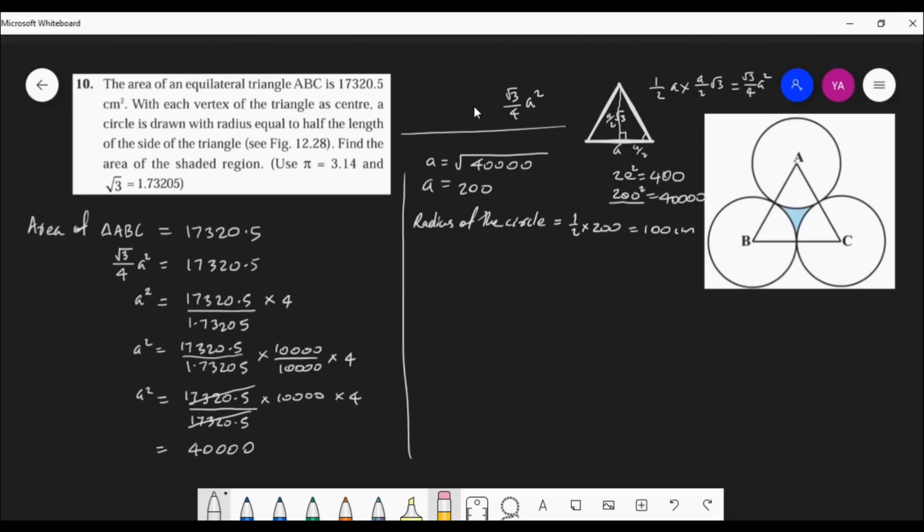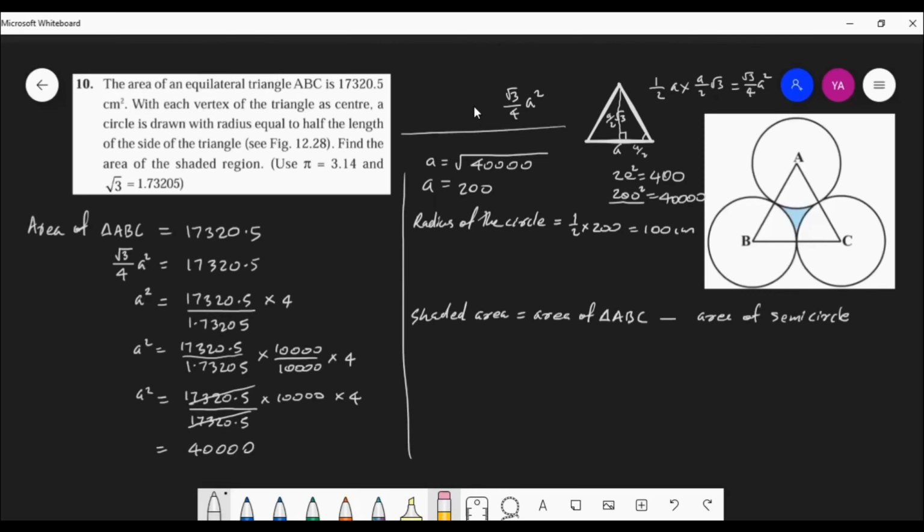We can write here, shaded area is equal to area of triangle ABC minus area of semicircle, right? These three sectors inside the triangle will form a semicircle.